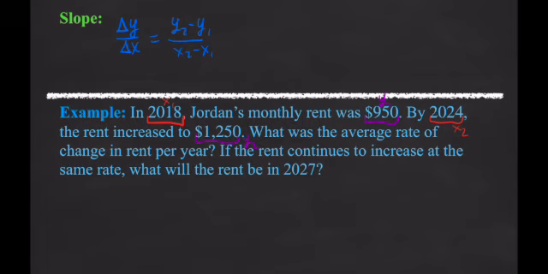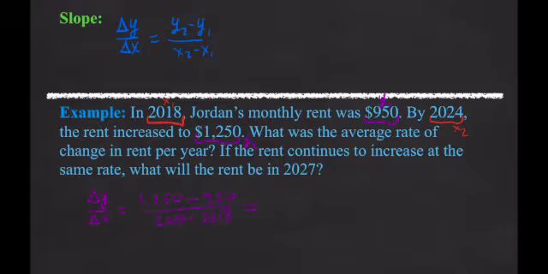Let's set up our slope. So slope of this, change in y over change in x, equals 1,250 minus 950 divided by 2024 minus 2018.